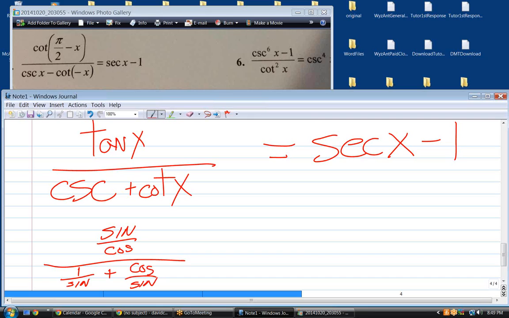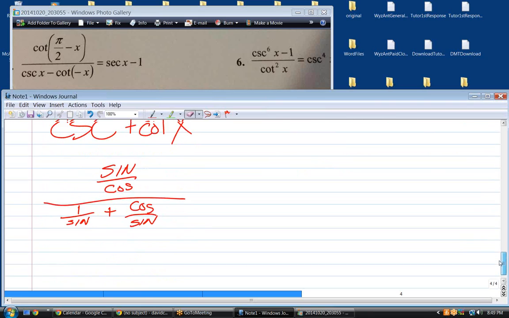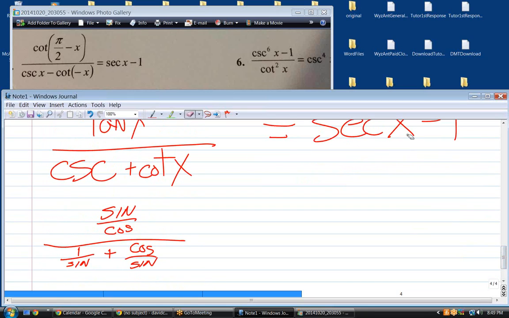Now, the only reason I turned them into sines and cosines is because I can now deal with this and end up probably with a cosine minus 1. In other words, this has to turn into cosine minus 1. Well, let's see if we can do it. I'm sorry, 1 over cosine minus 1 would be required to come up with secant x minus 1.